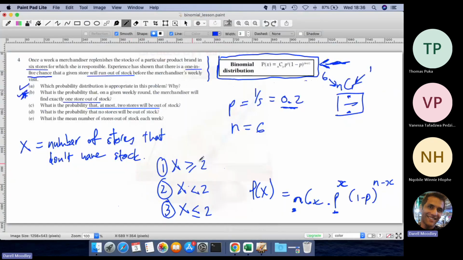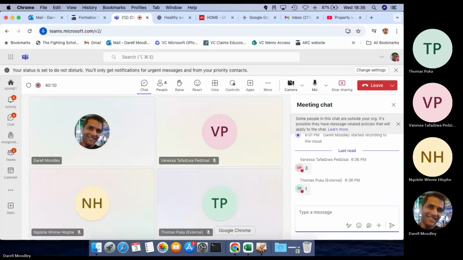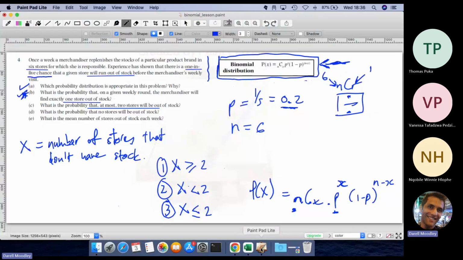Is it option 1, 2, or 3? Two. All right. Well, it's quite spread out for everyone. It's good that some of you got it wrong, because this is the time to clarify things and make sure you understand it.